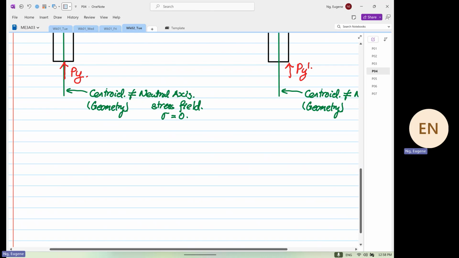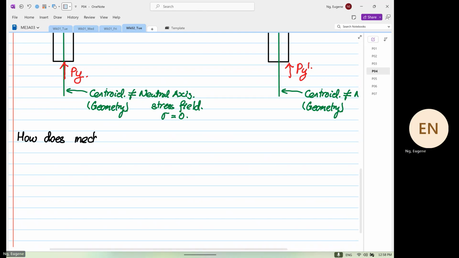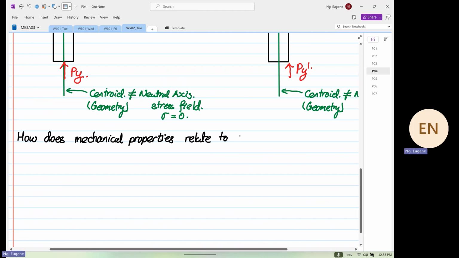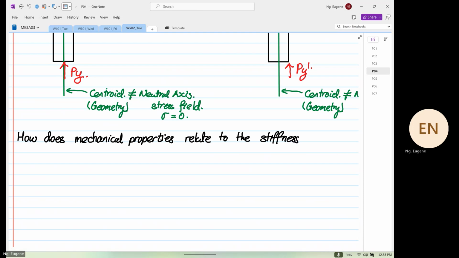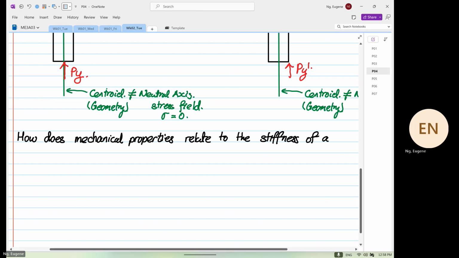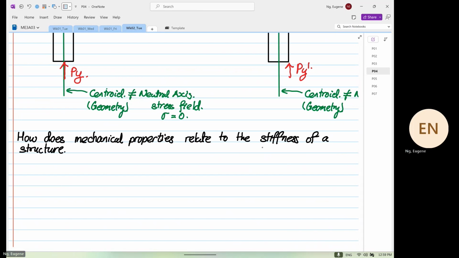Okay, so the question now is, how do mechanical properties relate to the stiffness of a structure? Okay, the term over here is stiffness.